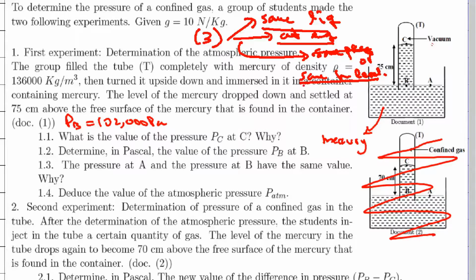So indeed this experiment is being performed at equilibrium, and they are in the same liquid, which is mercury, and they are in the same horizontal level as indicated here in this document.